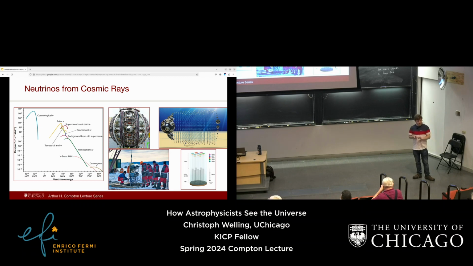The probability for a neutrino to interact actually depends on its energy. So the higher the energy is, the more it will interact. So in the extremely early universe, microseconds after the Big Bang or even earlier, because there was so much energy in such a small volume, everything basically was really high energy.